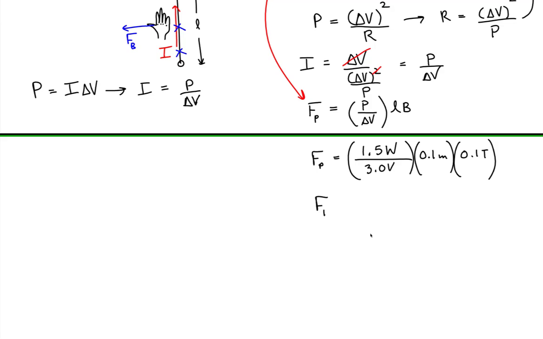After doing my unit check and plugging this into my calculator, I get that the magnitude of the pulling force is 5 times 10 to the minus 3 newtons, or 5 millinewtons. So we have to pull our wire with a force of 5 millinewtons to the right in order to keep the magnetic force acting on the wire from slowing the wire down and stopping it.